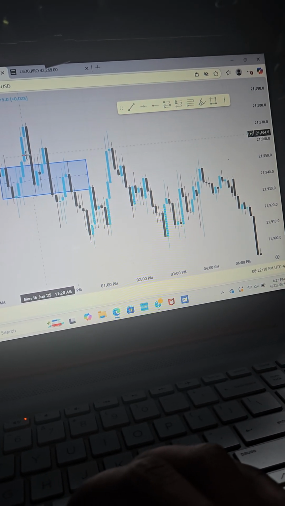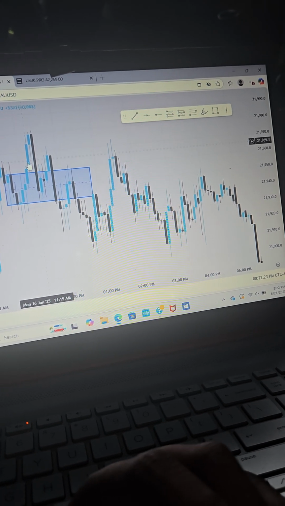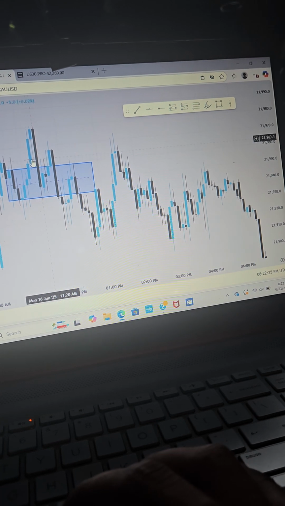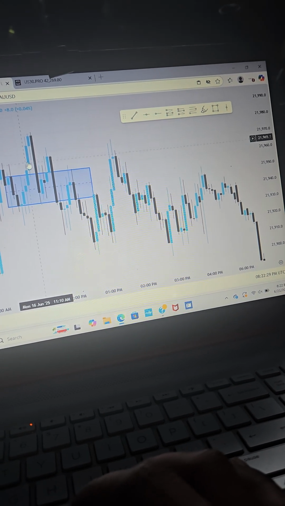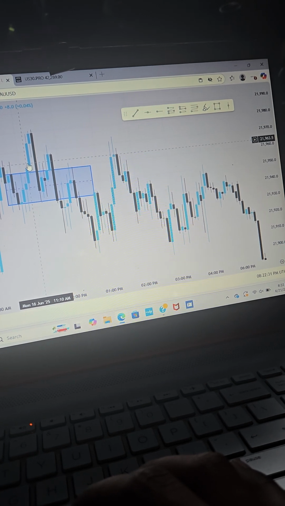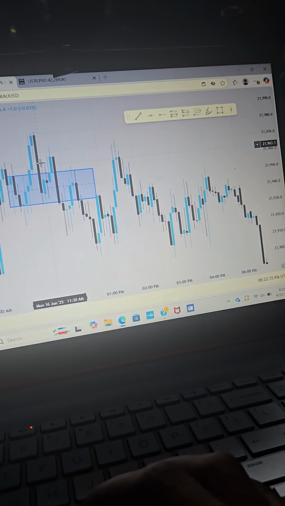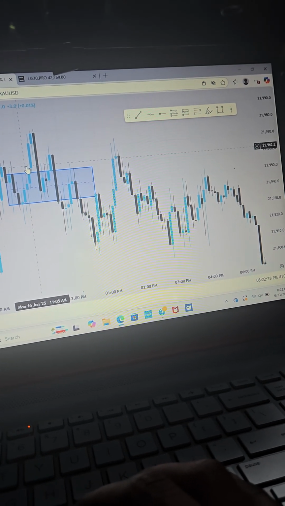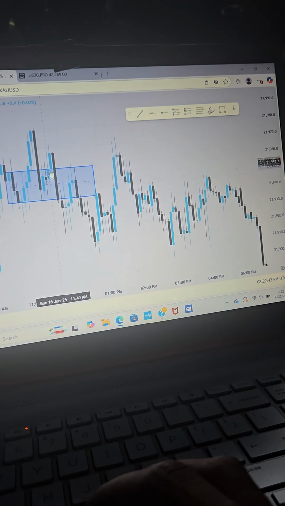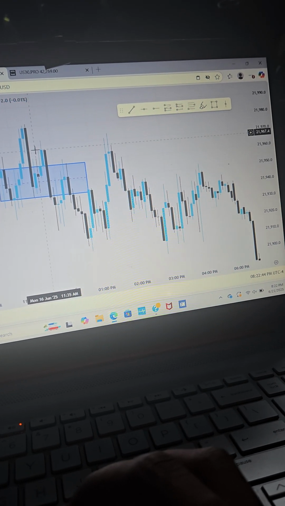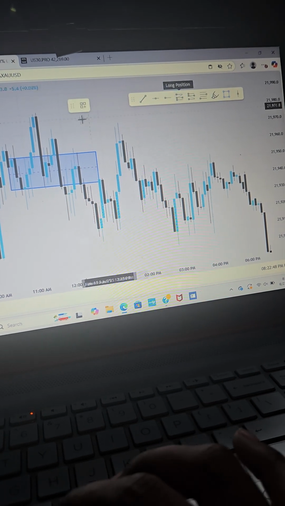But instead it tapped back into this SIBI, and then this right here is also a change in the state of delivery. Now, just because it's not a close below a wick or whatever, the fact is that this is a gap, and then this gap came and closed over that, and then it taps back into it and comes back down. Also, wicks are gaps. We got to remember wicks are gaps.